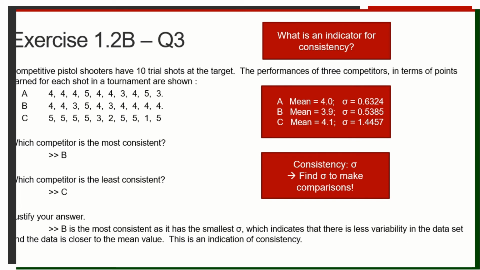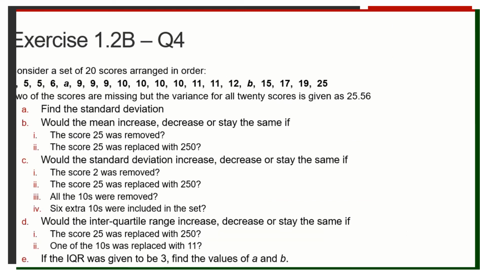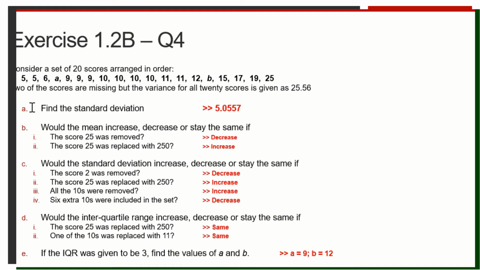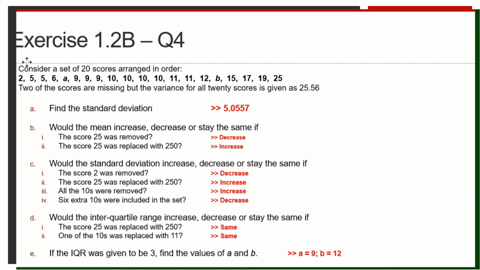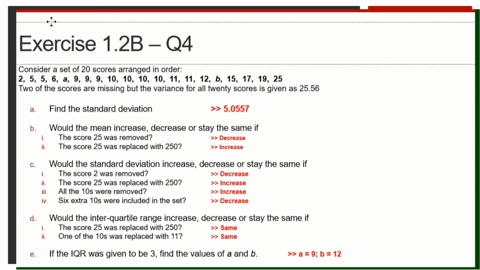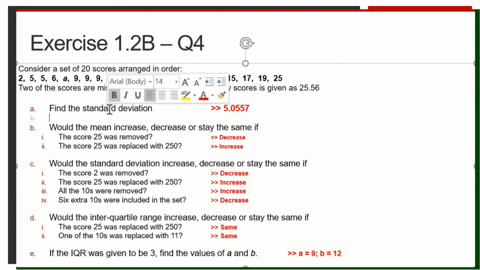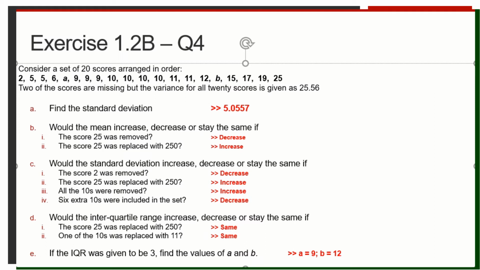Okay, let's look at question 4. Now, I need to explain this question a little bit. Consider a set of 20 scores arranged in order. So basically, they've arranged it from small to big already. 2 of the scores are missing, but the variance for all 20 scores is 25.56.